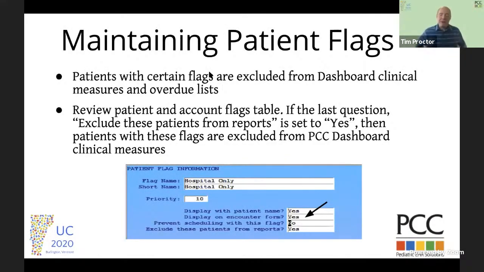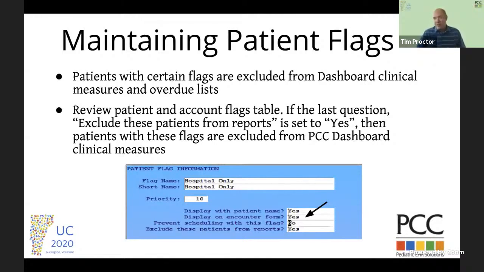All right, so I want to talk about maintaining patient flags. For your patients, if they are inactive or they move out of the practice or transfer out of the practice, you obviously don't want them included in your measure results. You can flag patients on your system with a status flag, and you can create your own status flags.